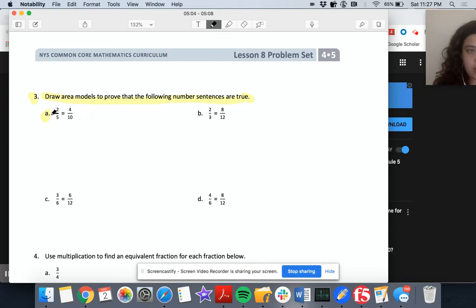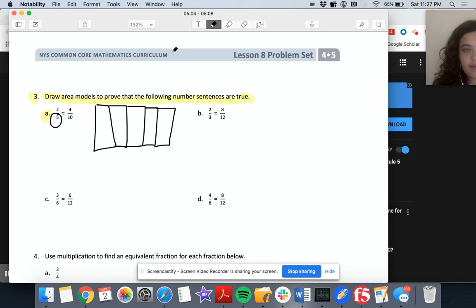So I know originally I have 5 total pieces. Excuse my bad drawing. 1, 2, 3, 4, 5. I know that 2 of those pieces were originally shaded in.